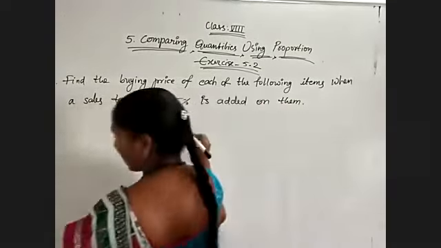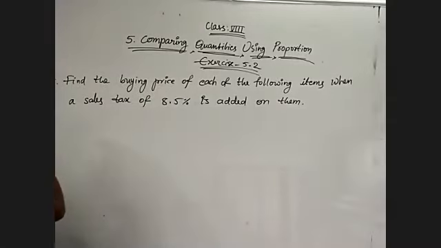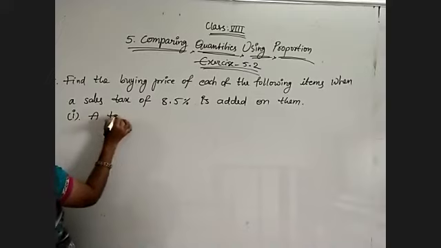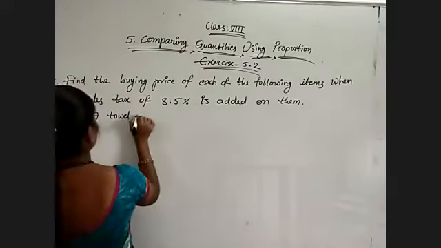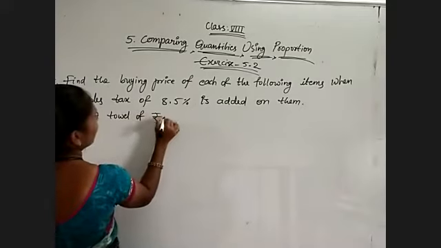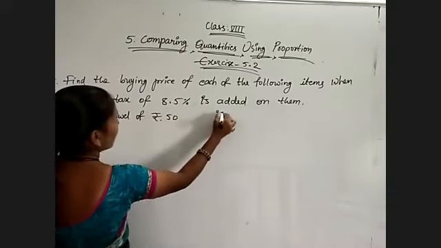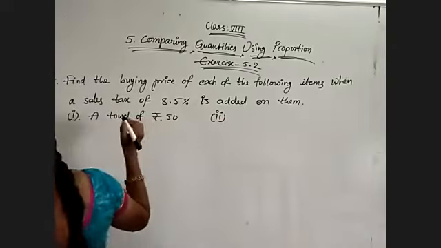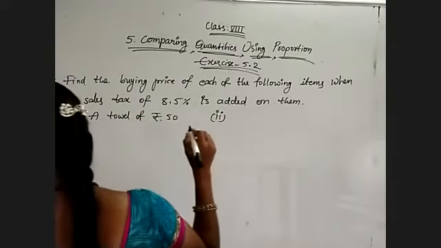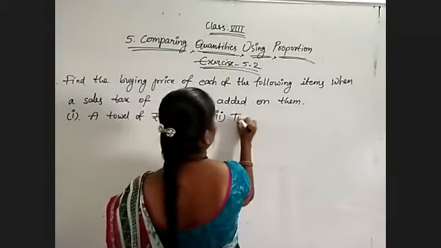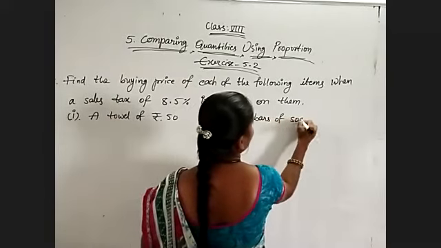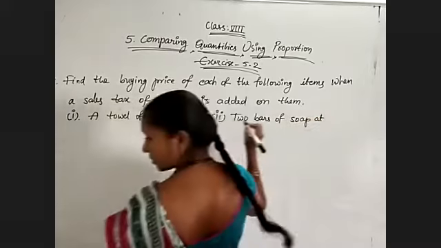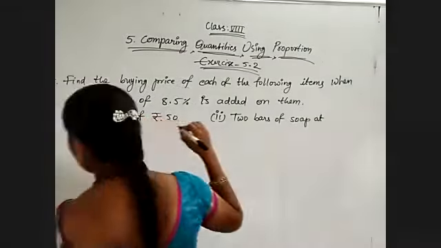And my first problem is a towel of 50 rupees. And second, 2 bars of soap at 35 rupees each.